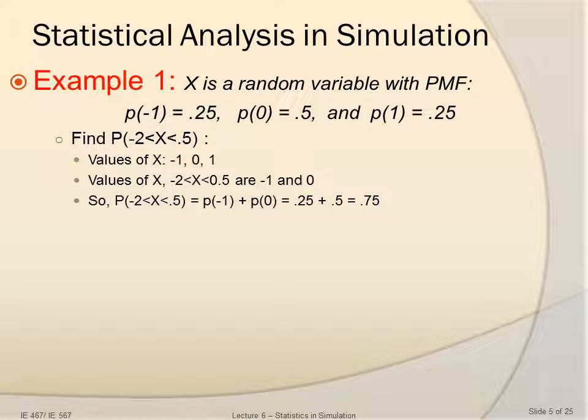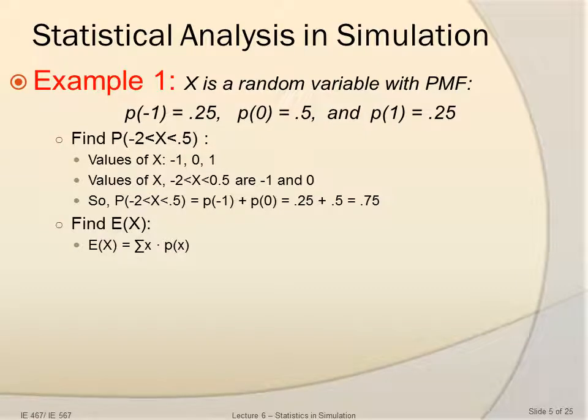Well, only two out of these three values satisfy this condition, and that's -1 and 0. So, to find the probability that x is between -2 and 0.5, we just sum up the corresponding probabilities of the values that satisfy this condition. So we sum up the probability of -1 and the probability of 0, which are 0.25 and 0.5 correspondingly. That gets us 0.75.